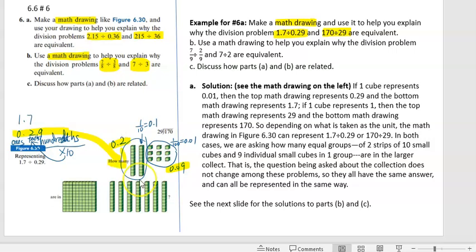Now let's look at the bottom drawing. Notice each of these long strips of blocks represents 0.1. So we have 1, 2, 3, 4, 5, 6, 7 of them. So all of these together, that's 0.7. And now notice we put 10 of these, which means each of these is 1/10. If we take 10 of these long strips, multiply by 10, it's going to give us the next place value, which is again tenths.